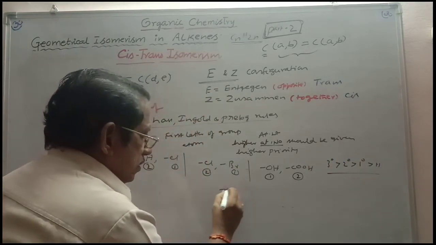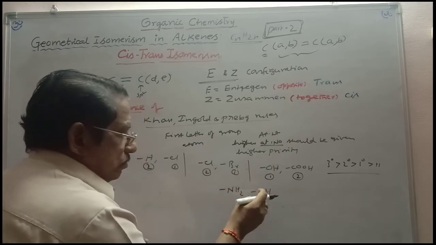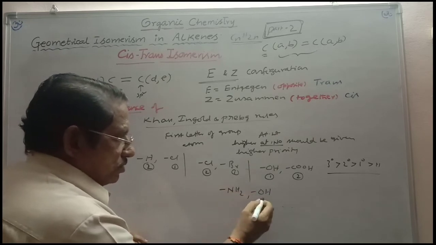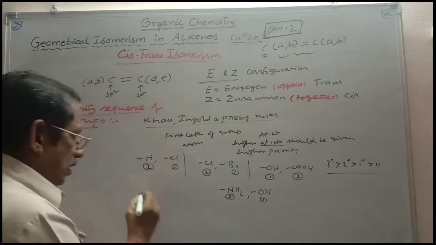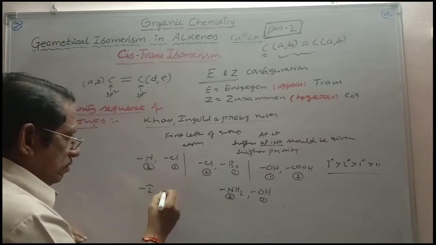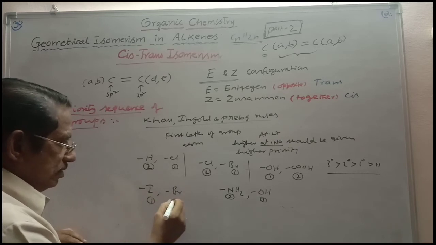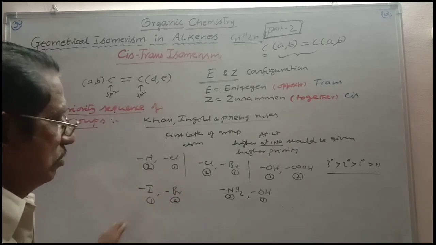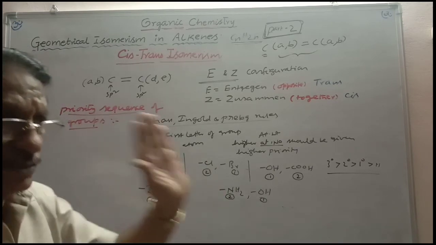You can take NH2 and OH: O has atomic number 8, N has atomic number 7, so first priority is O, second priority is N. If I and Br are there, I is given first priority and Br second priority. In this way, you have to give the priority sequence for the two groups attached to the first sp2 carbon and also the second sp2 carbon.